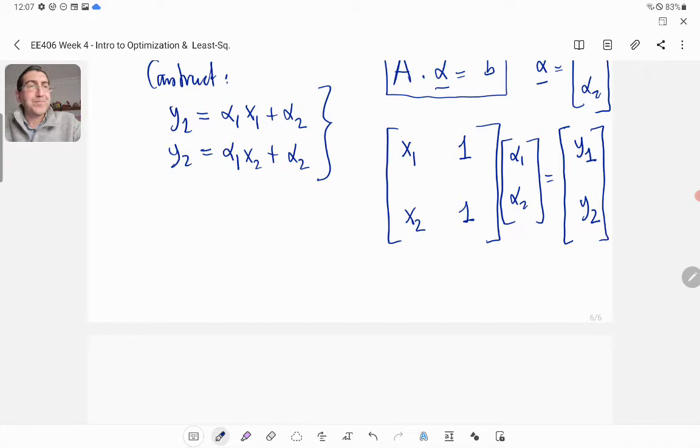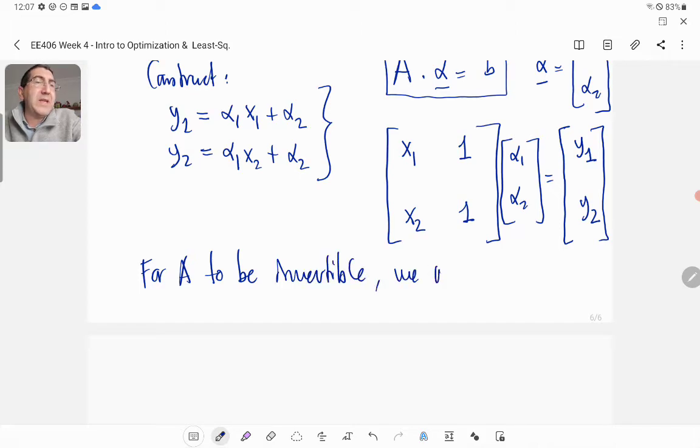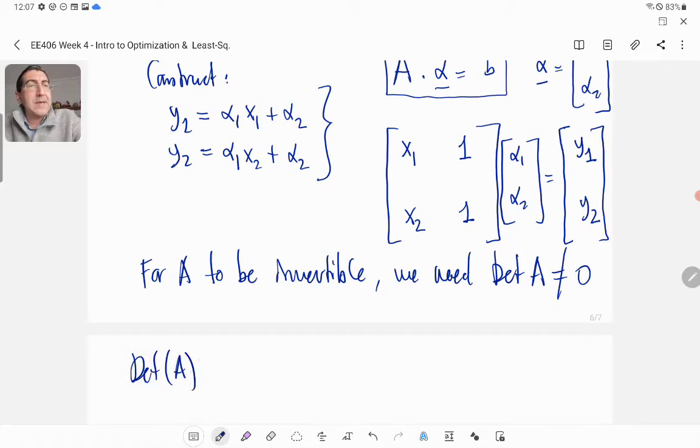First of all, for A to be invertible, we need the determinant of A to be different from 0. Again, a linear algebraic condition. What is the determinant of A? The determinant of A is simply equal to x1 minus x2.